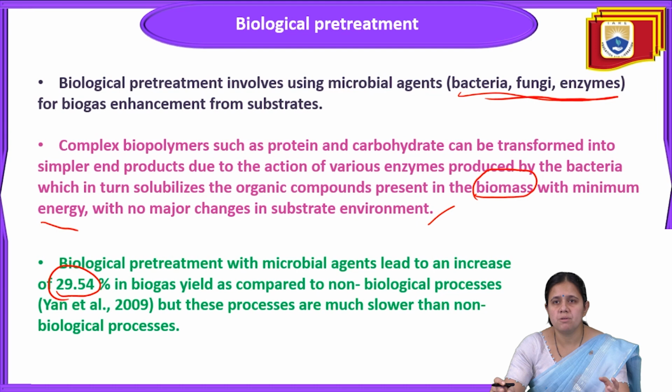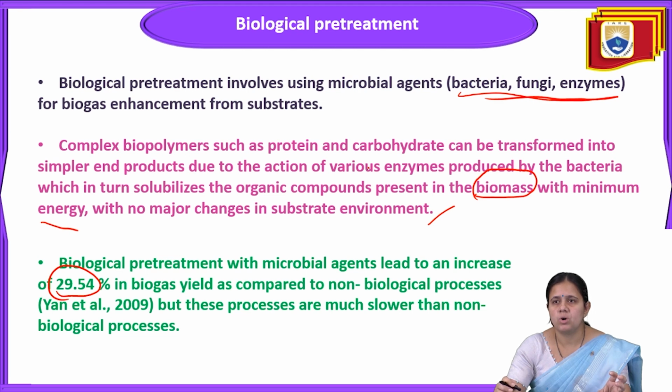Complex biopolymers like protein and carbohydrate can be transformed into simpler end products due to the action of various enzymes produced by the bacteria, which in turn solubilize the organic compounds present in the biomass with very little energy, and no major change in the substrate environment.